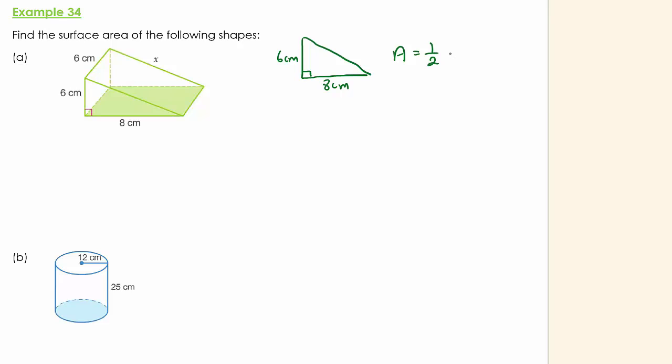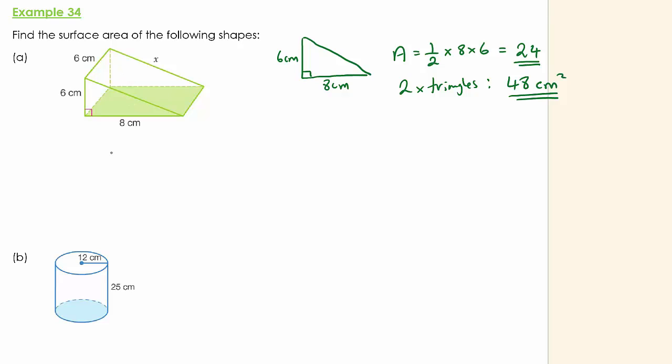We know for a triangle it's half times the base times the height, or base times height divided by 2, and so that's going to be 48 divided by 2, which is 24. And we've got 2 times the triangles, so that would be 48, in this case square centimeters, since the lengths are in centimeters.